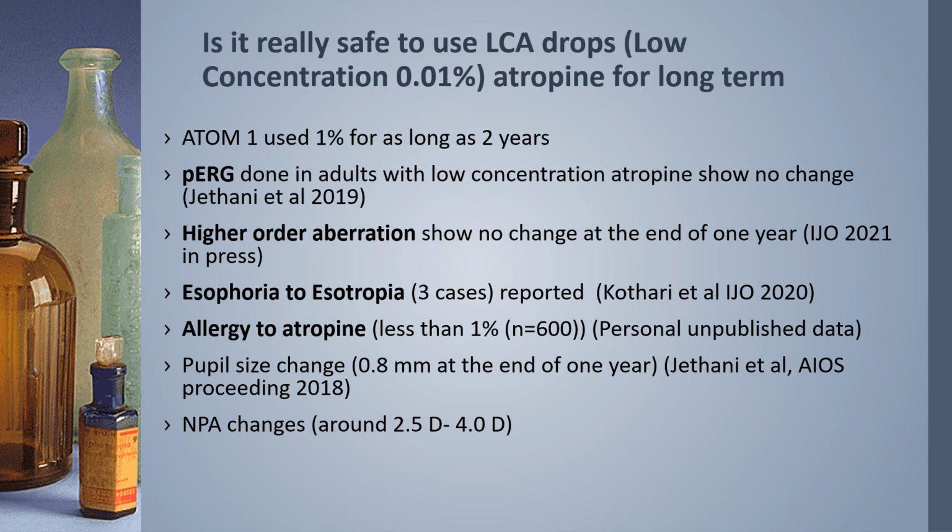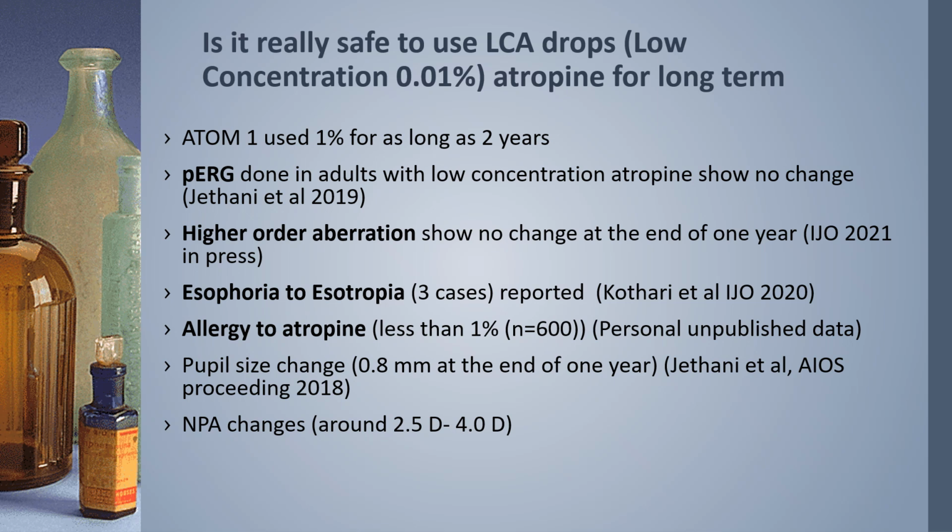Yes, there have been 3 cases reported of children who were operated for exotropia, went into esophoria to esotropia, and this was reported by Mihir in 2020. Allergy to atropine, we have not seen many. Out of 600, I think we have seen one or maybe two patients. This has not really been published, but we did not see much.